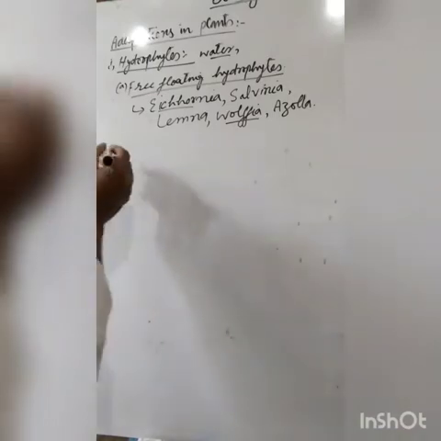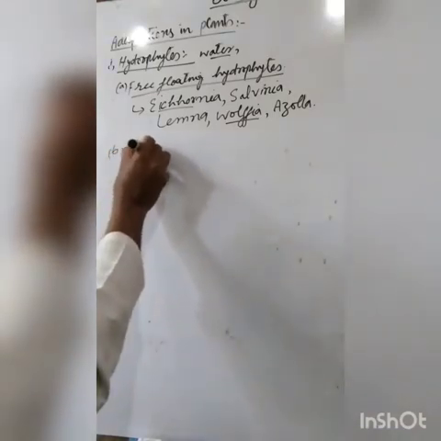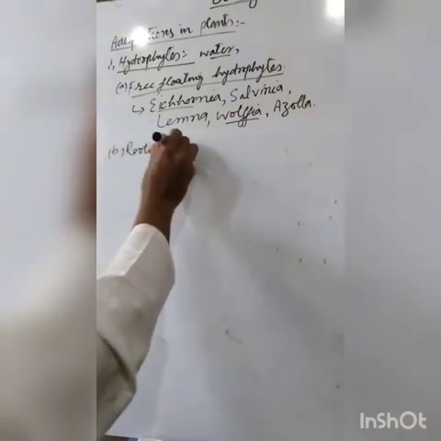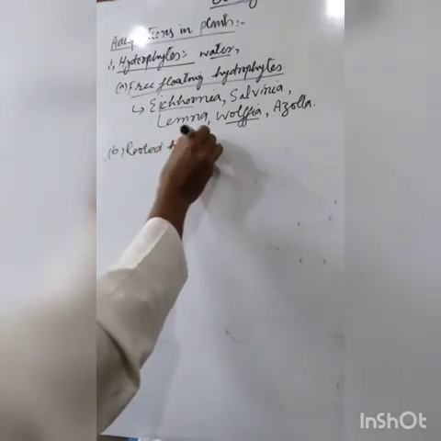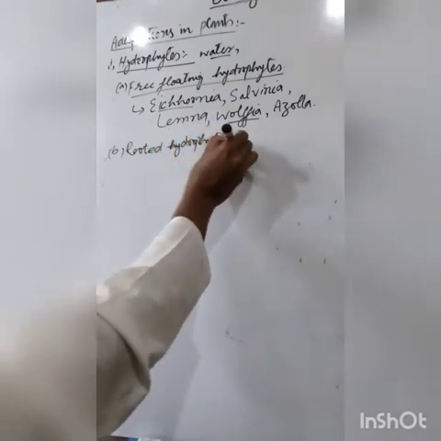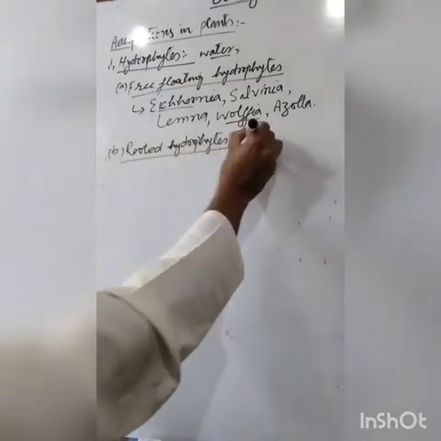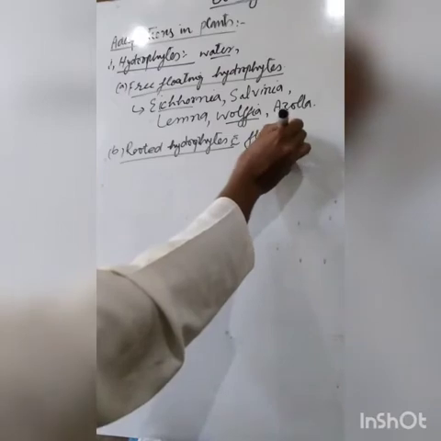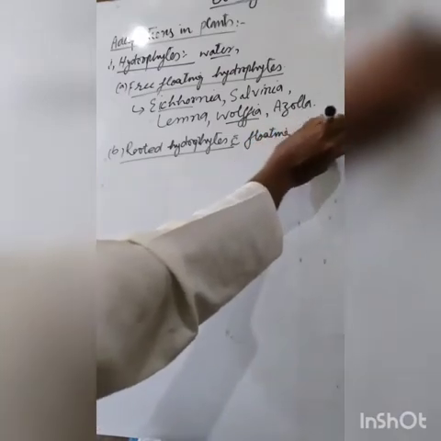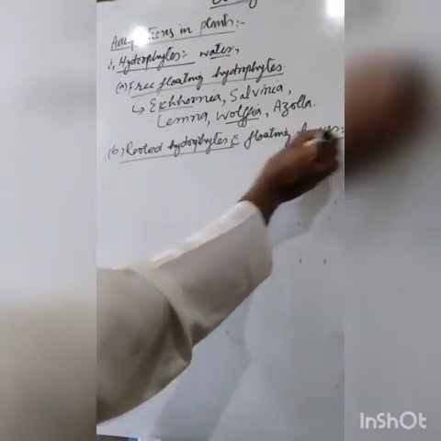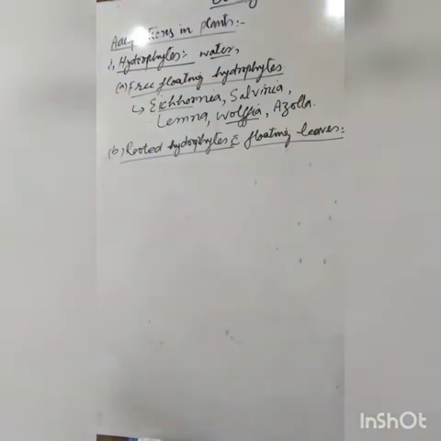Another type of hydrophytes is rooted hydrophytes with floating leaves. The leaves are floating on the surface of water, but they have roots, they are anchored.